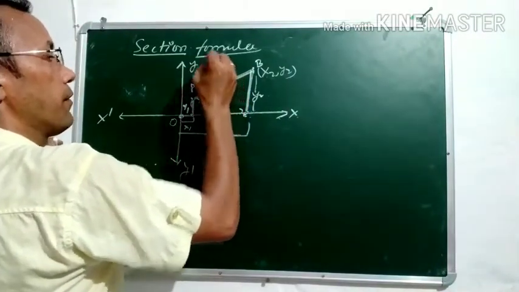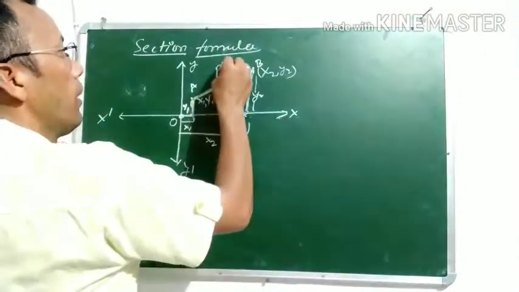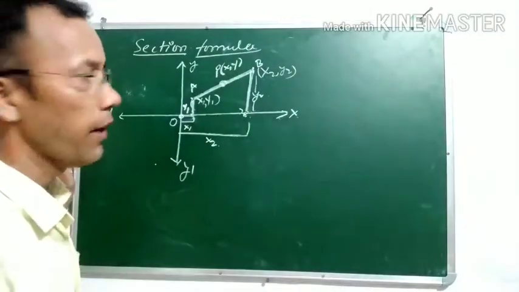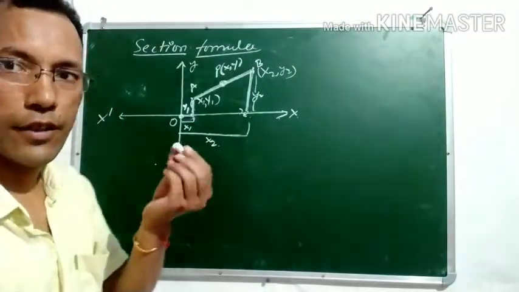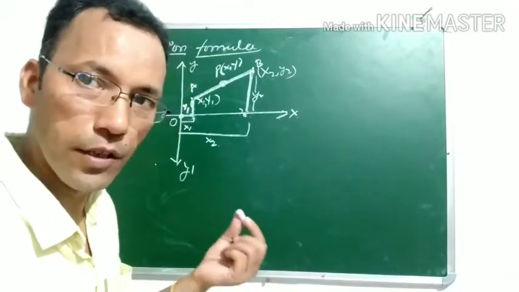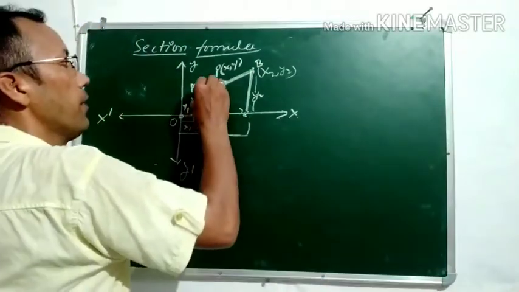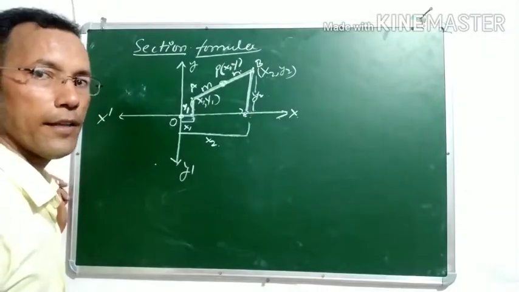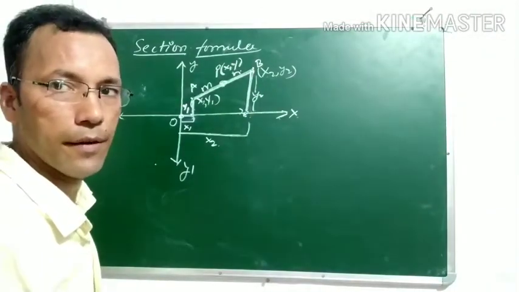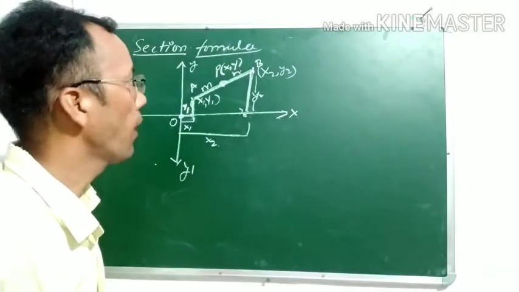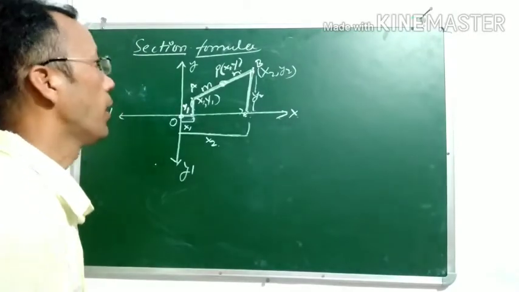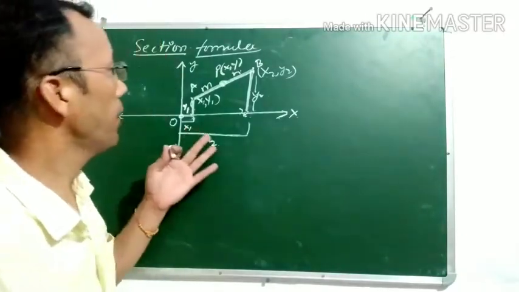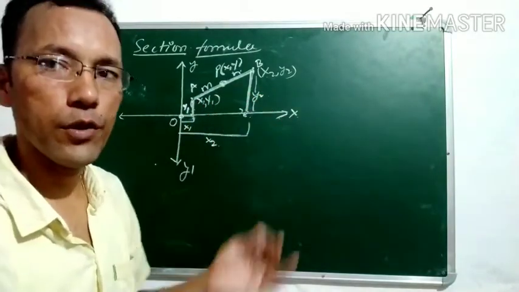This is that point P, the position of the point, and its coordinates are x comma y. The length AP is M, and PB is N. That means P is dividing the line segment AB in the ratio M to N. And now we have to establish the relation between m, n, x, y, x1, y1, x2, y2.